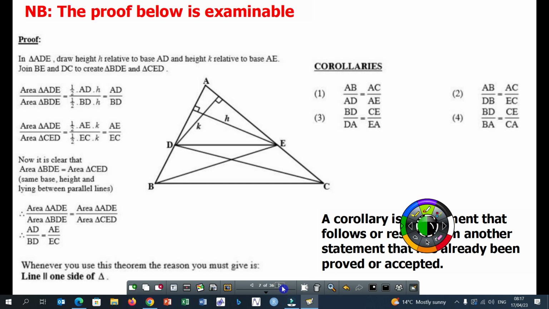You choose AE, then you draw a height from AE and you call that K. Furthermore, you have to join B to E and join C to D. Please be aware that DE will be parallel to BC.